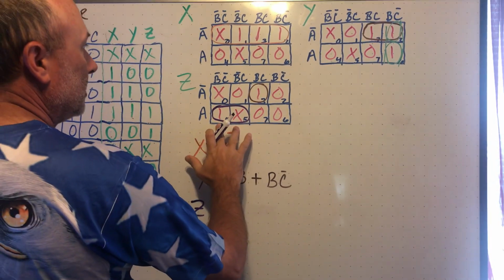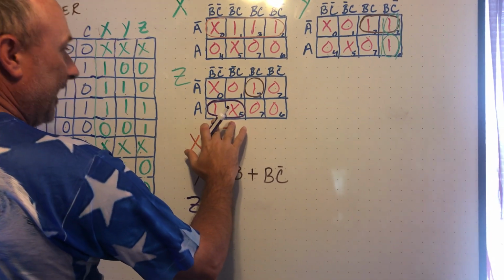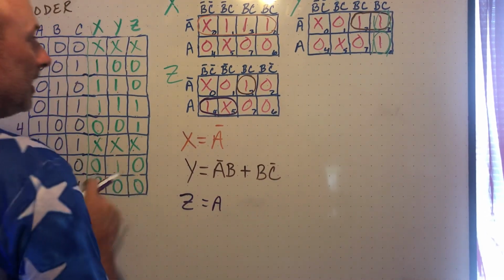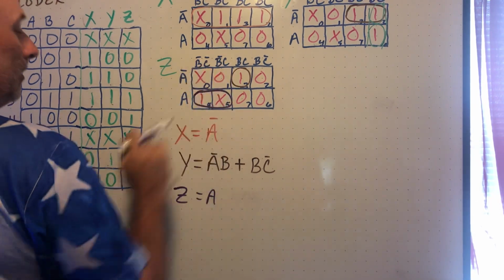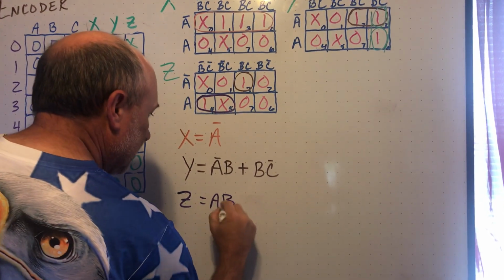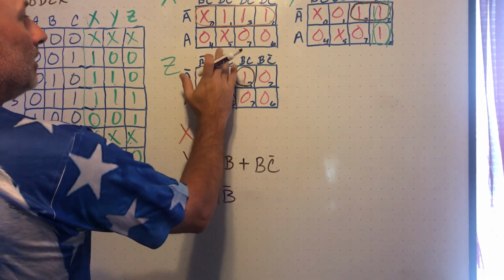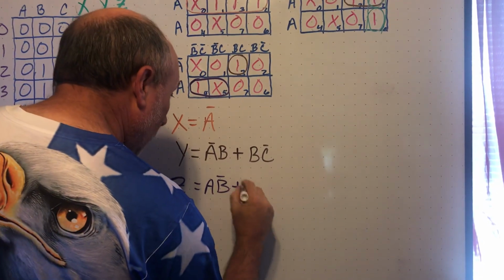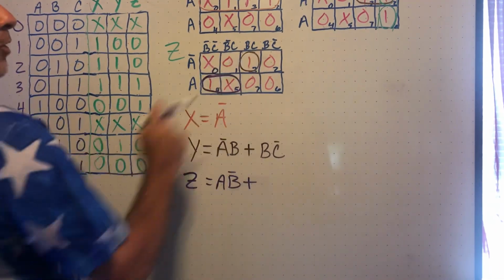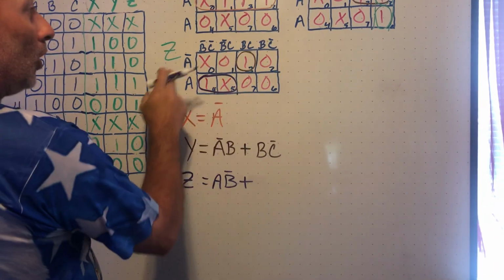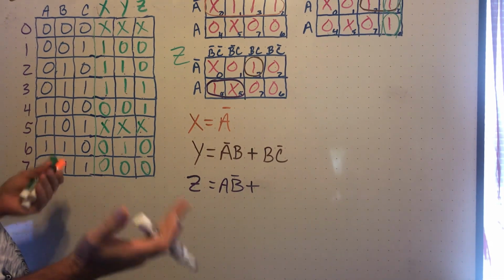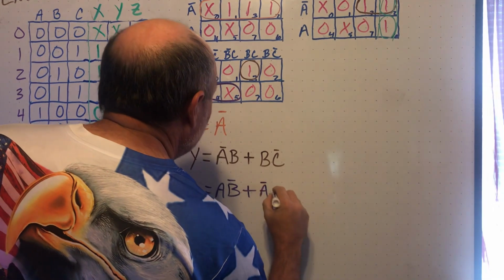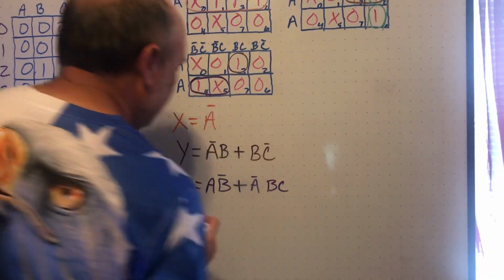If I do this, what doesn't change? The A does not change, so that stays. What about B naught? It stays the same. What about my C naught? It changes to C, so I do away with that one. I finished that, so now I'm going to OR it with my group of 1, and I'm just going to use all those letters because nothing is going to change. So it's A naught B C.